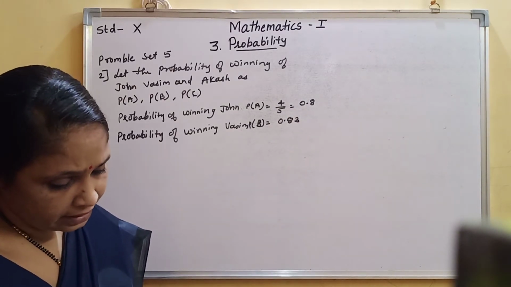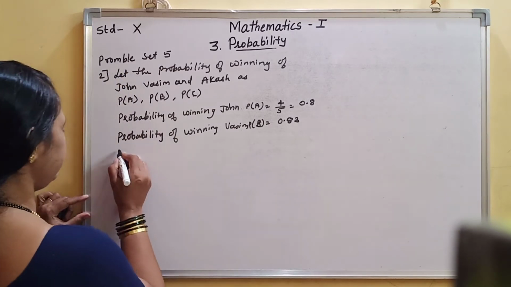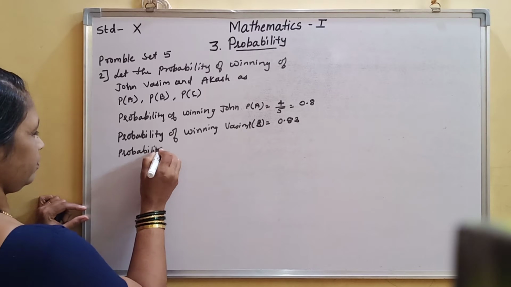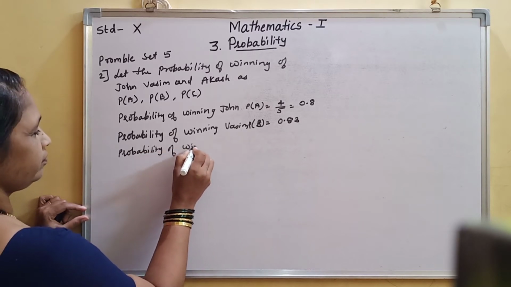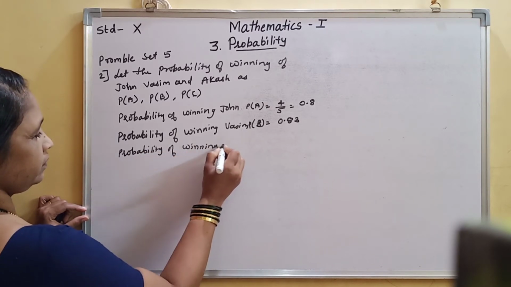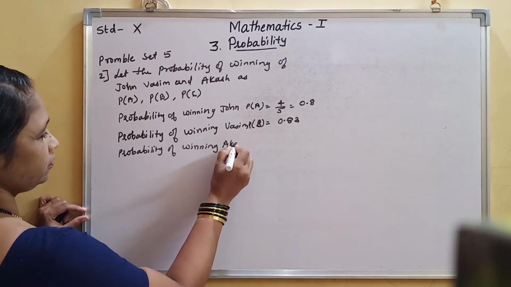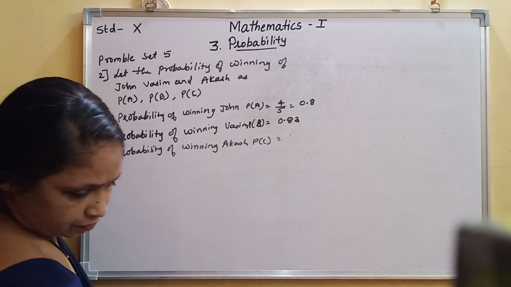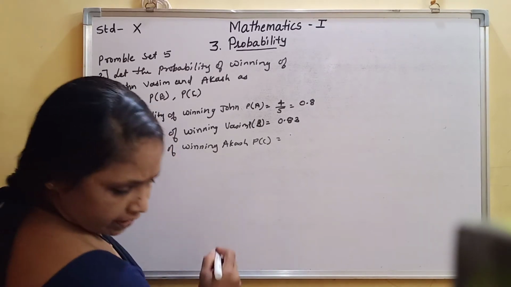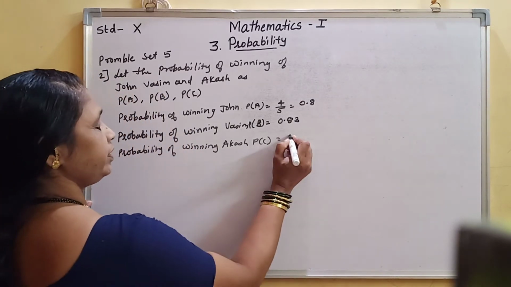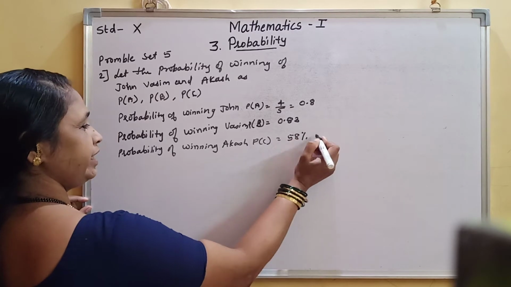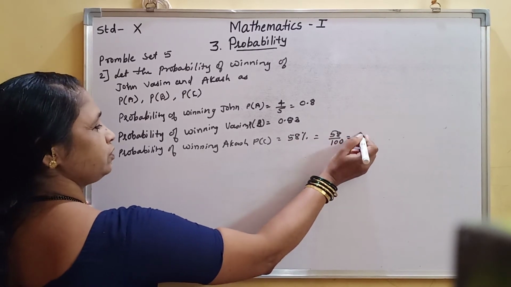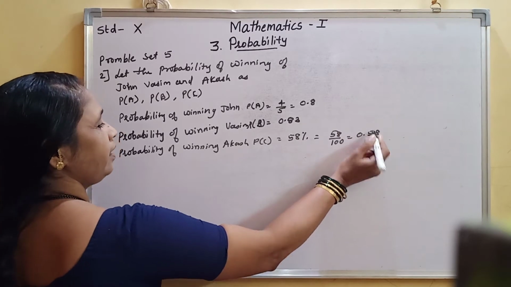Okay, and the next is the probability of Akash winning, which is 58%. 58% means 58 upon 100, which is equal to 0.58.